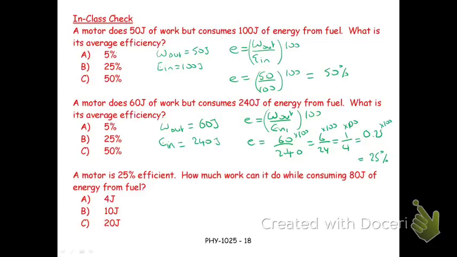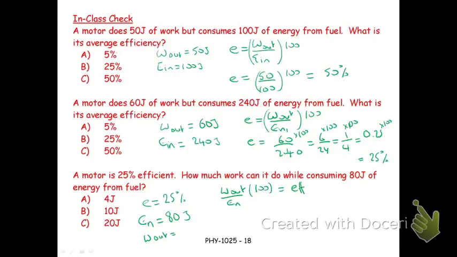So I changed it around on the last one. A motor efficiency equals 25%. How much work can it do while consuming energy in equal to 80 joules? So all we do is we say, okay, work out over energy in times 100 is equal to my efficiency.